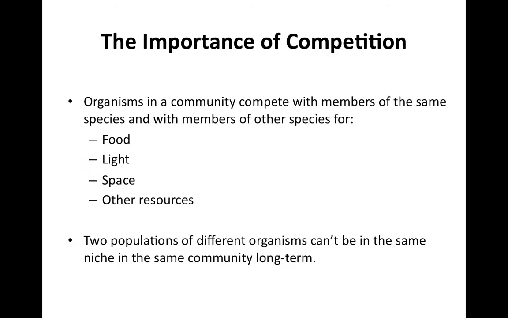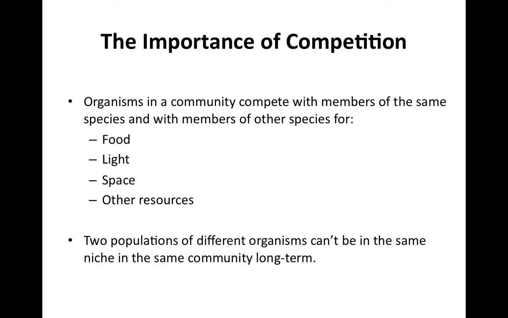Now, organisms in a community are always competing with members of the same species, so members of their own population, and with members of other species, or other populations within that community. They compete for food. If they're photosynthetic, they compete for light.